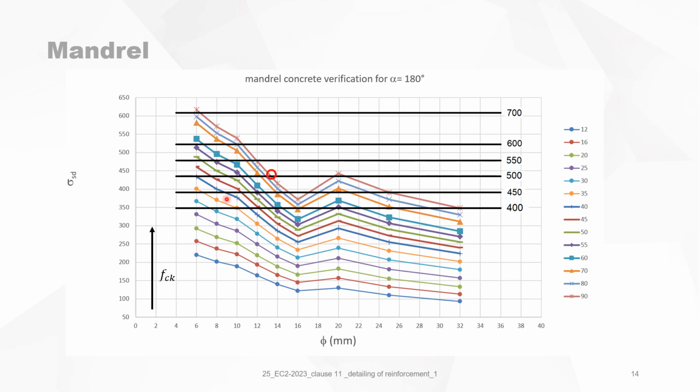It's 12, in fact, and only a diameter 12 and smaller you can use to its full capacity. Also, you need at least, the blue line is C40, you need at least C40 to allow full capacity of a pin, but then with a diameter smaller or equal to 6. So this is quite disturbing, but we will see in the next video that we can do something about it.